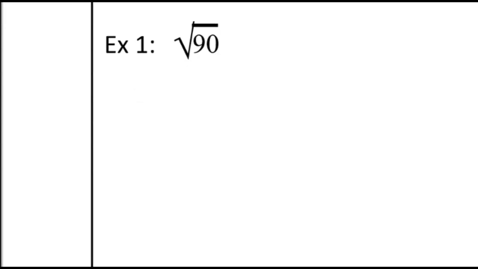So let's go ahead and create our factor tree for 90. Somebody give me two numbers that multiply to be 90. 9 and 10. Cross off 90, we factored it. Can 9 be factored? What goes into 9? 3 times 3. We factored 9, cross it out.